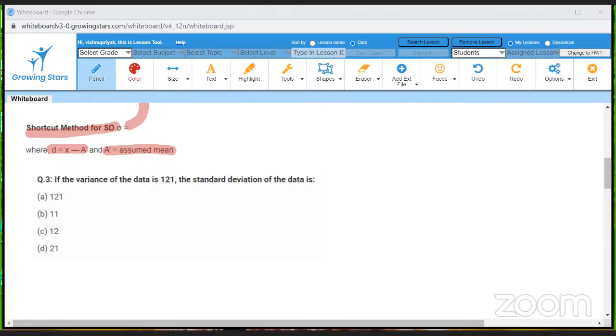Still no one got the answer? Okay, two of you got the answer. Some are saying B, some are saying C or D.